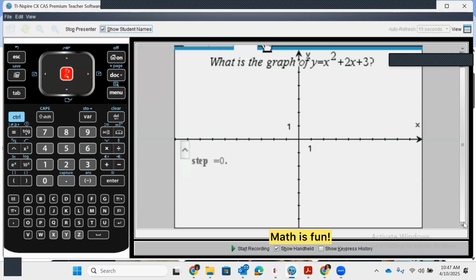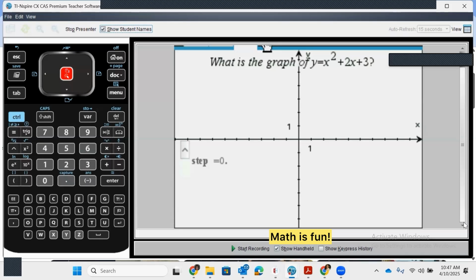So now that I have the x value of the vertex, how do I find the y value? What do you think? What you do is you take -1 and you plug it into this original function. So -1 squared plus 2 times -1 plus 3. We can figure that out, right?